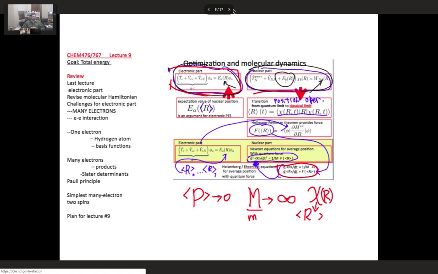So we need to find at least the ground state energy of a multi-electron system that we can later forward towards optimization of geometry as a planned minimum.